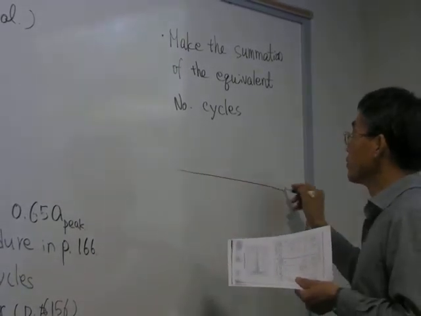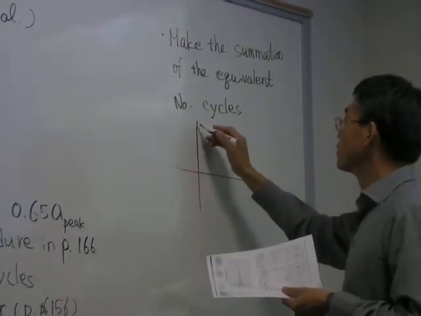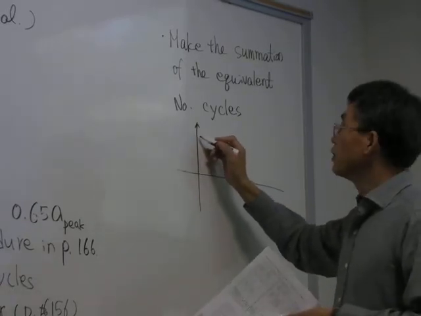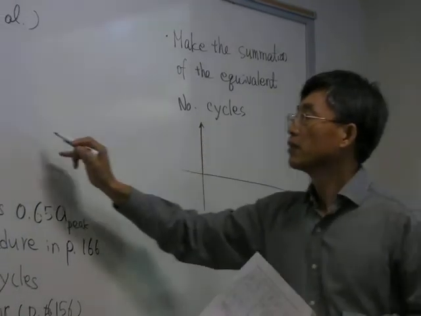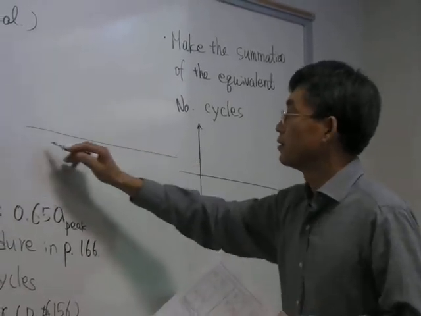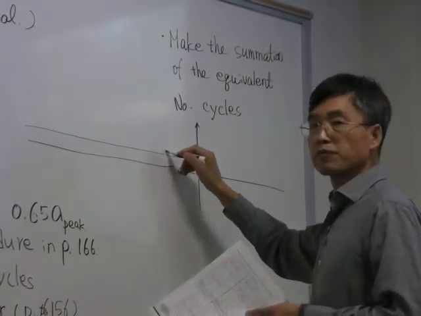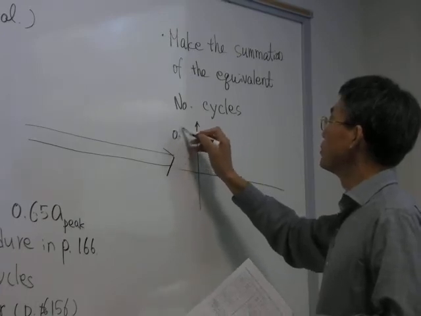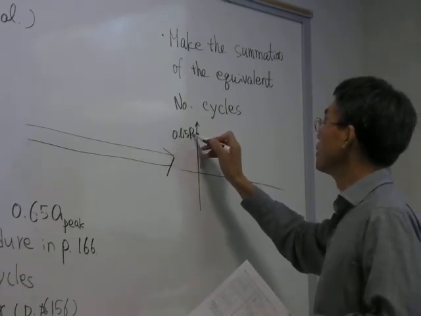That means when we replot the equivalent earth-peak vibration, we can say our acceleration is 0.65 peak.